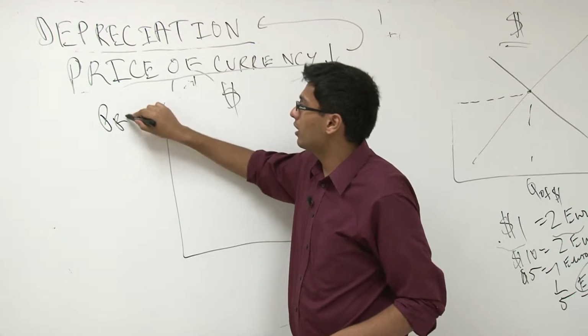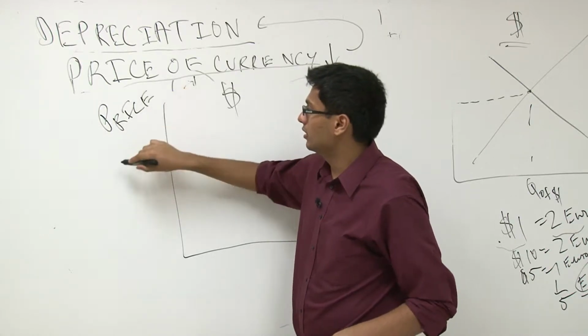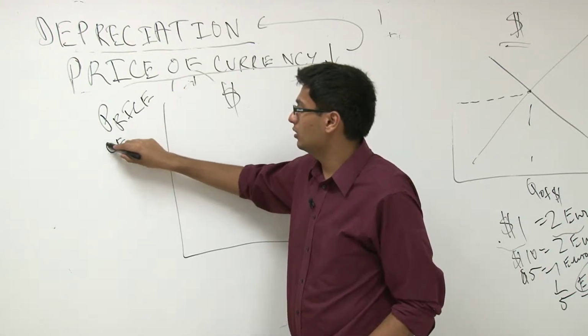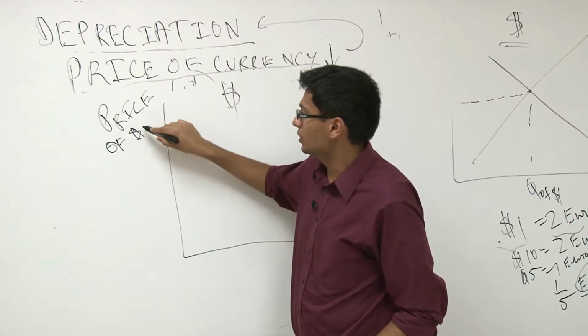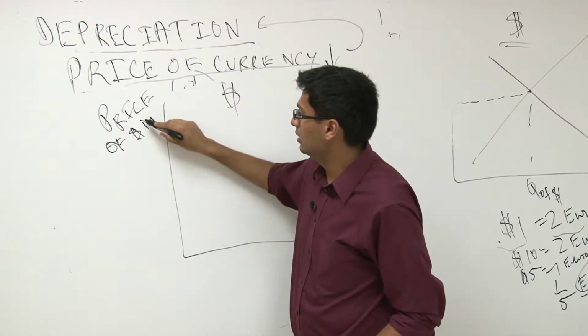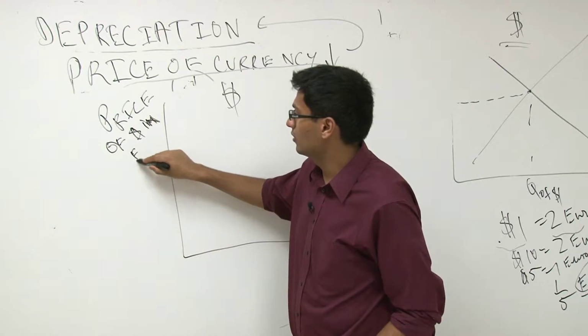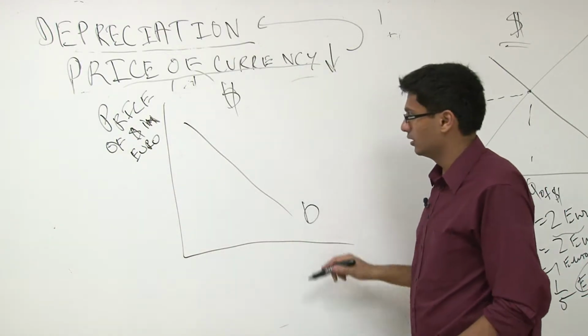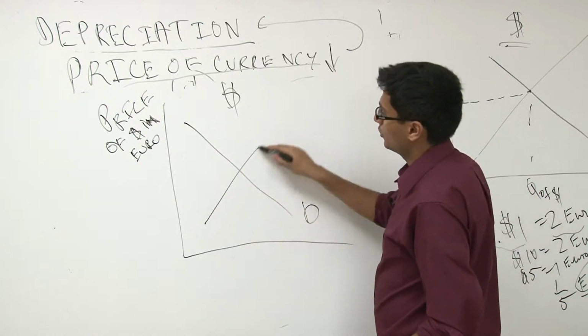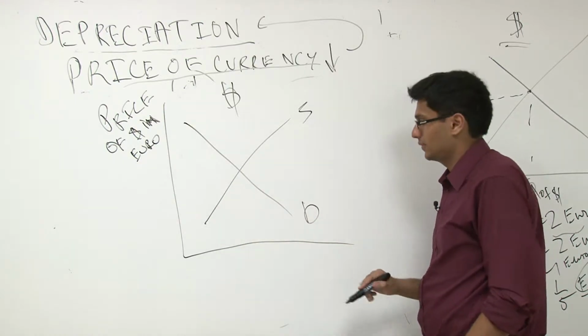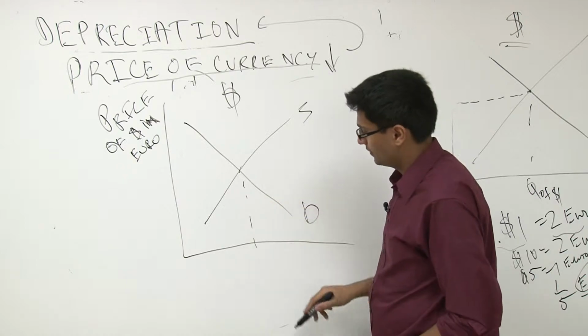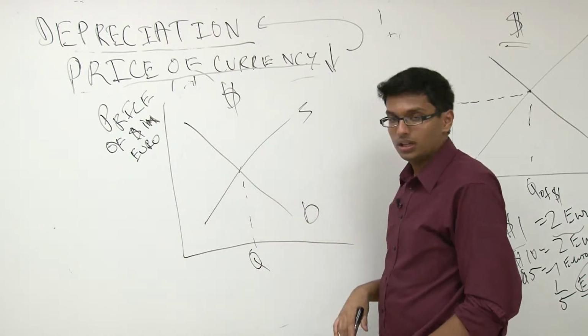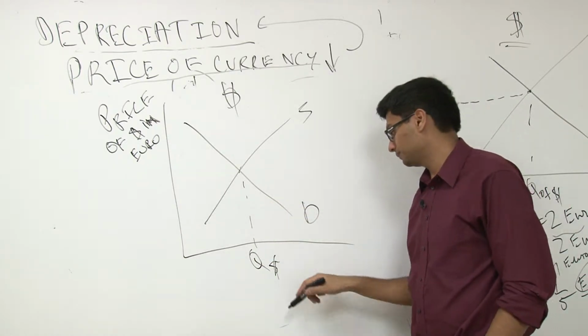So you have a price here of the dollar, right? In terms of euros. In euro. Again, downward sloping demand graph. Okay. Upward sloping supply. Equilibrium. The quantity of dollars, right?